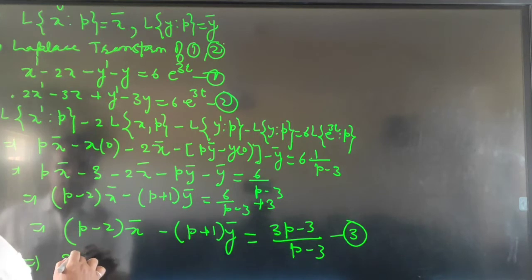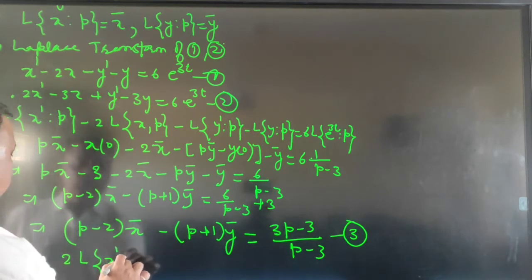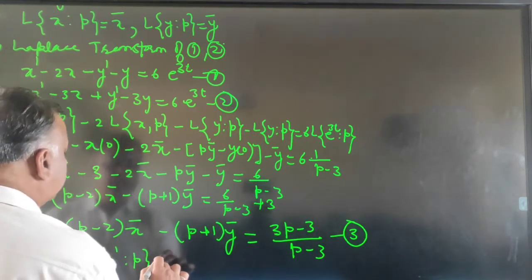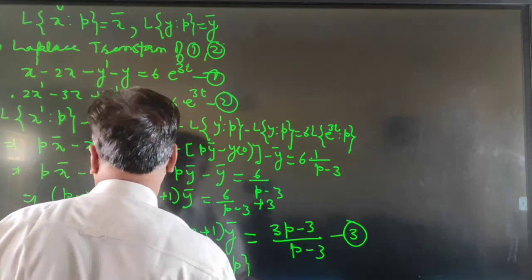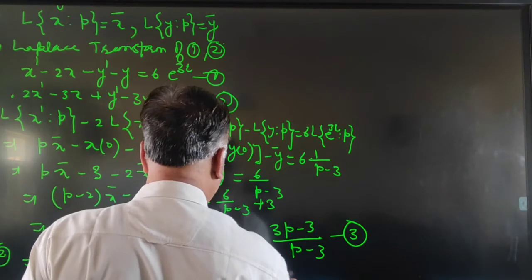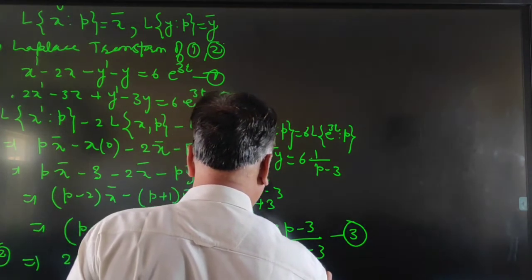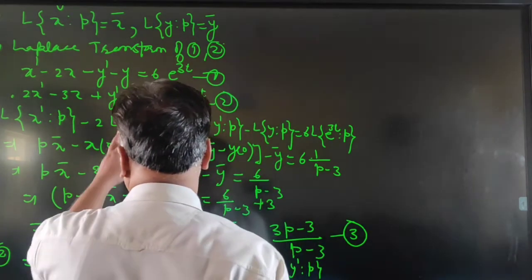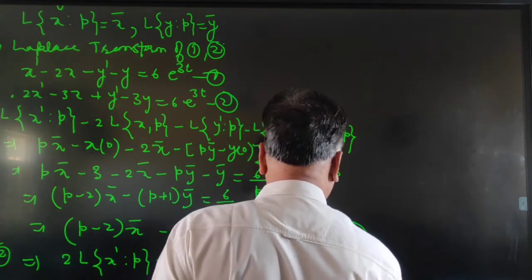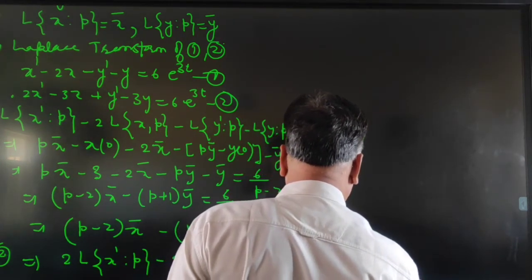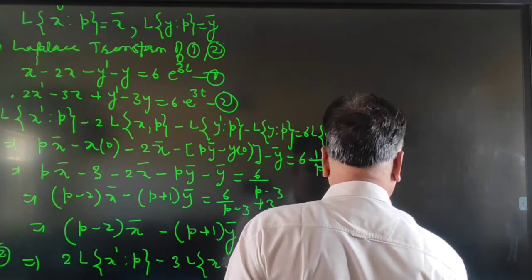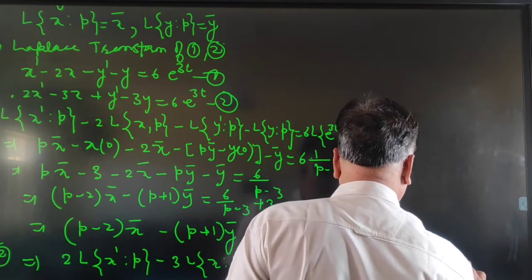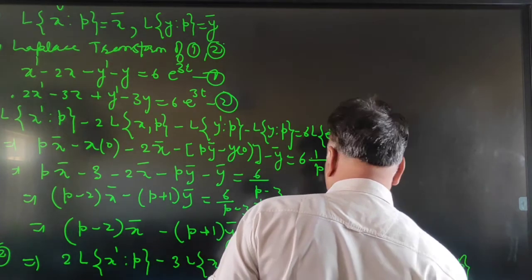of x dash with respect to p minus 3 Laplace transformation of x with respect to p plus Laplace transformation of y dash with respect to p minus 3 Laplace transformation of y with respect to p is equal to 6 Laplace transformation of e raised to 3t with respect to p.